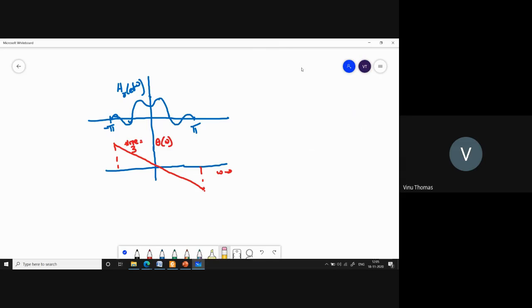The magnitude response, you need to mark from minus pi to plus pi. So the magnitude response should be something like this.